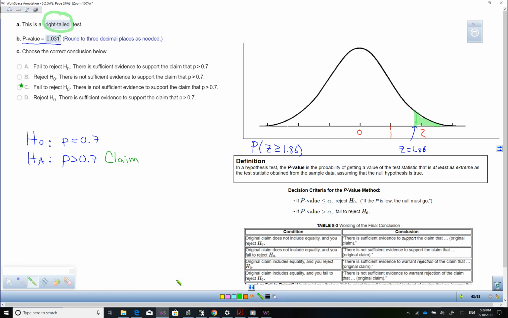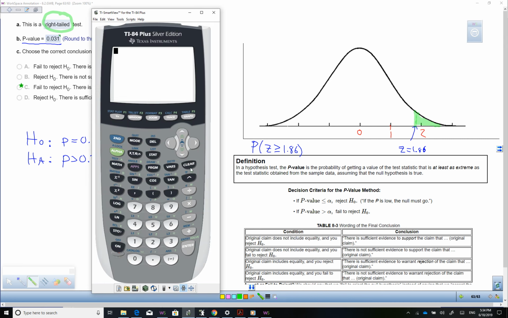For this, I use the calculator. Let me reset the calculator. Second, plus 7, 1, and 2. I just reset my calculator, and I'll use normal CDF. Since I want area, I use normal CDF. We go to second vars, number 2. My lower limit is 1.86.